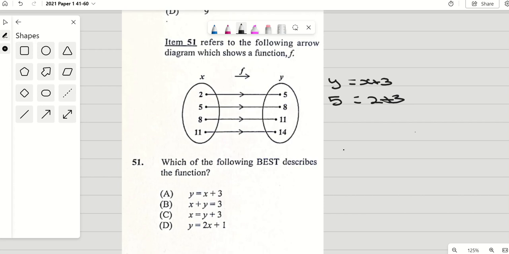Let's look when y is 8, you get 5 plus 3, which is equal to 8. The next one, 11, is equal to 8 plus 3, which is also equal to 11, and 14 is equal to 11 plus 3, which is equal to 14. The first one works for all of them, so you know A is your answer.